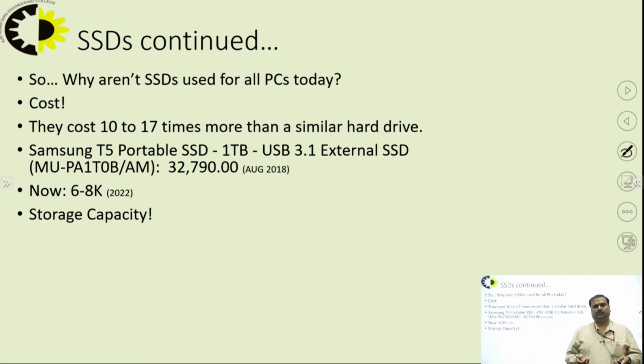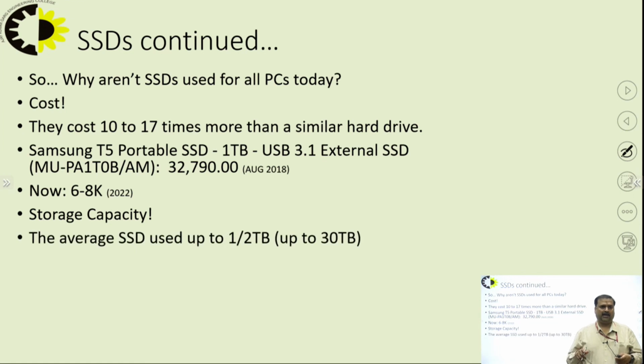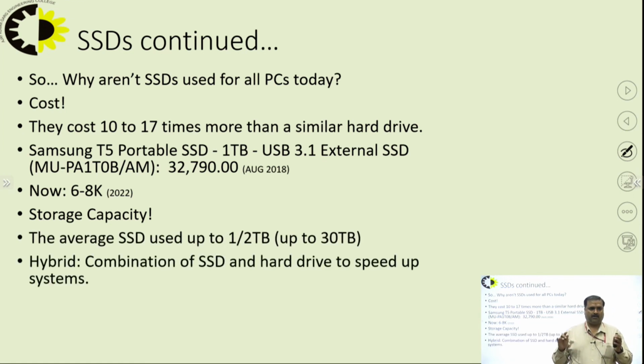So we can use SSD drives instead of normal hard drives, but still they are just double the cost of hard drives. So your computer cost will increase. What you can do is have a hybrid kind of system, where a combination of SSD and hard drives can be utilized hand in hand to speed up your system.